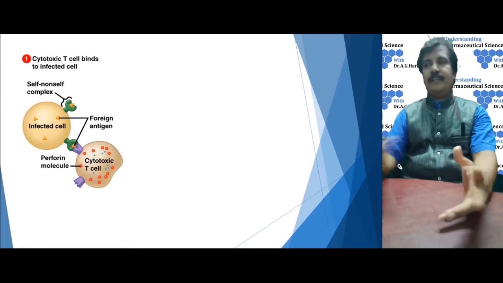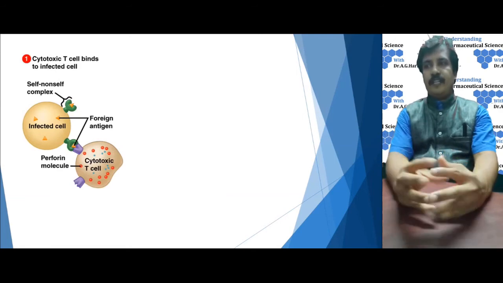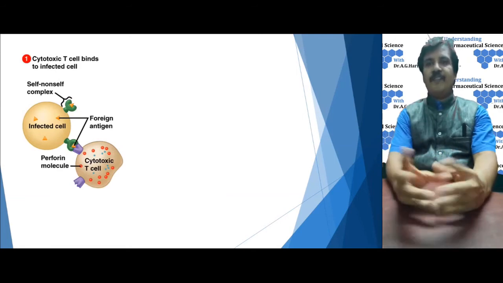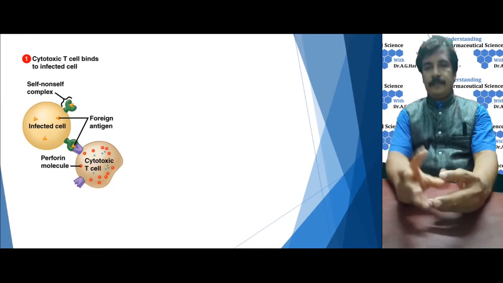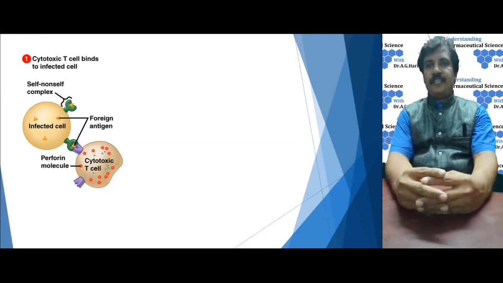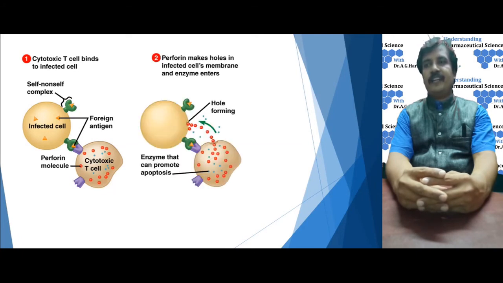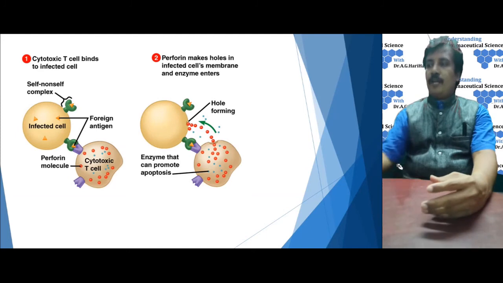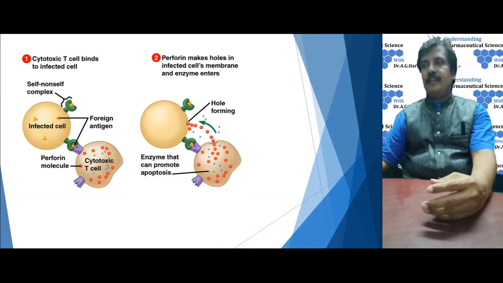You can see from the figure, once the cytolytic T lymphocyte binds with the infected cell where the surface epitope is presented, it carries these perforin molecules, which are indicated in the red color. These perforins get released.